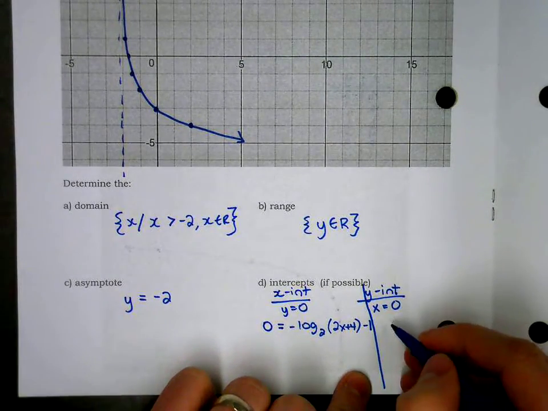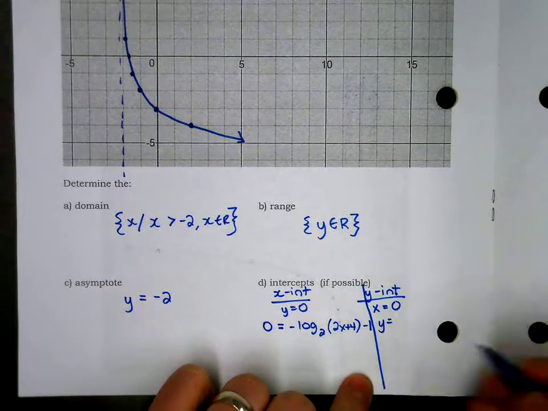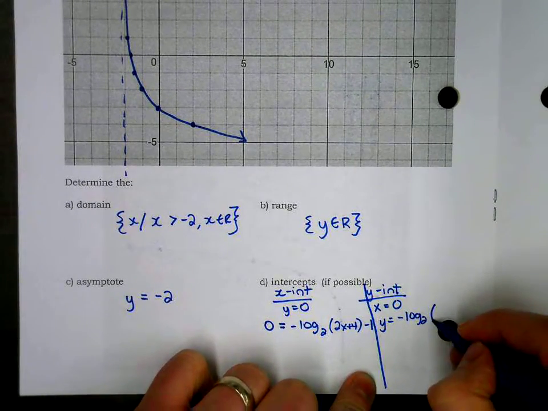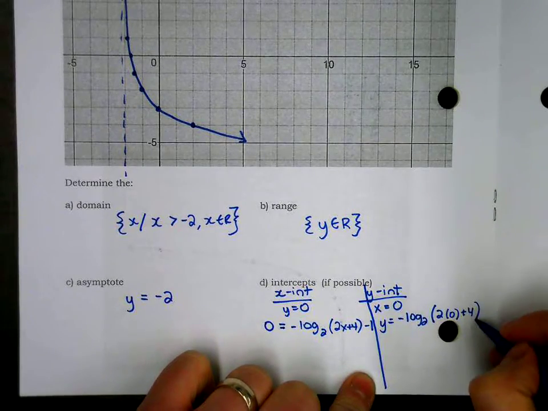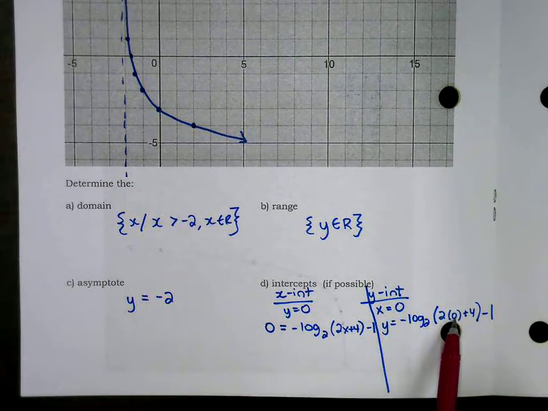For the y-intercept, we are saying x is 0. So can we evaluate y equals negative log base 2 of 2 times 0 plus 4, subtract 1. Okay, well, let's maybe start with the y-intercept one. That actually piqued my interest for a moment because I saw 2 times a 0, that's a 0 plus a 4.